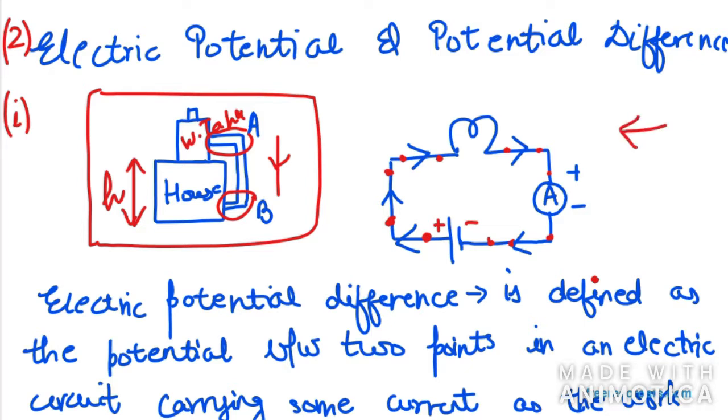So it is very important to create potential difference, and we generally create potential difference with the help of batteries, cells and such things, because they create some chemical action within a cell to generate the potential difference across the terminals of the cell. So that's how they conduct electricity.